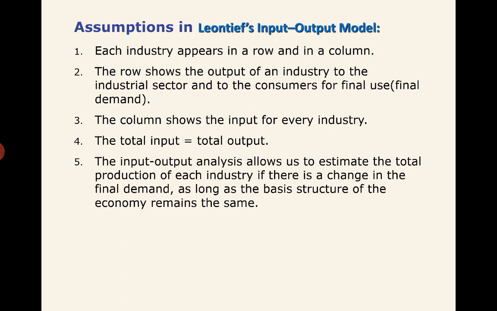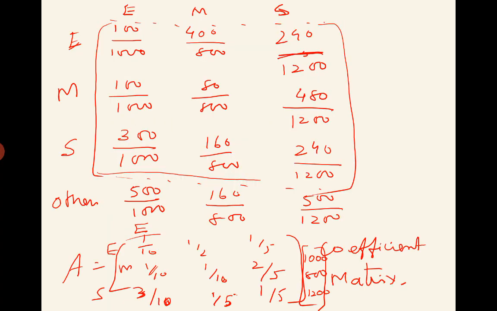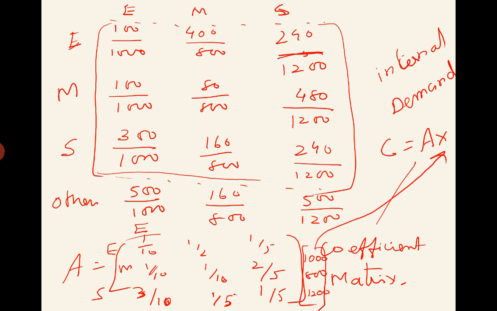So this gives you the internal demand, a closed demand, right? We call it C, which is A times X. We know A is a coefficient matrix and X is the total production matrix. Remember that C is A times X, and we are going to use this to derive the formula.